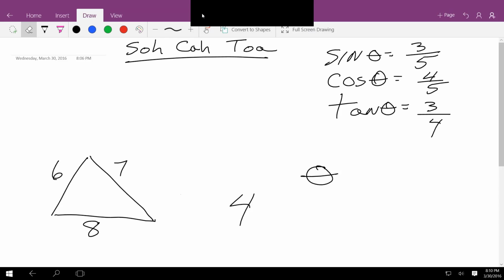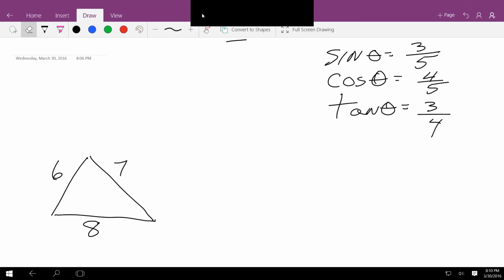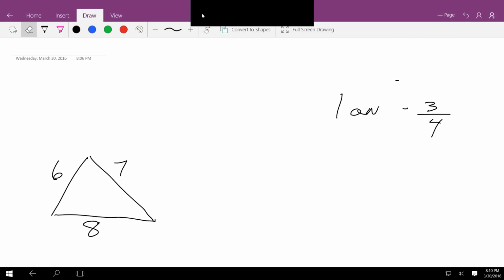So SOHCAHTOA only applies to right triangles. When you have a triangle like this, you have to deal with it. Well, first of all, you didn't do the law of cosines yet, right?